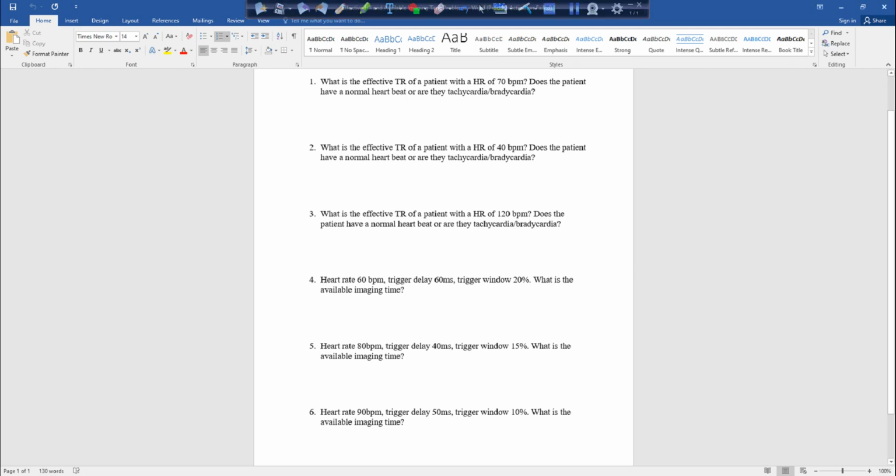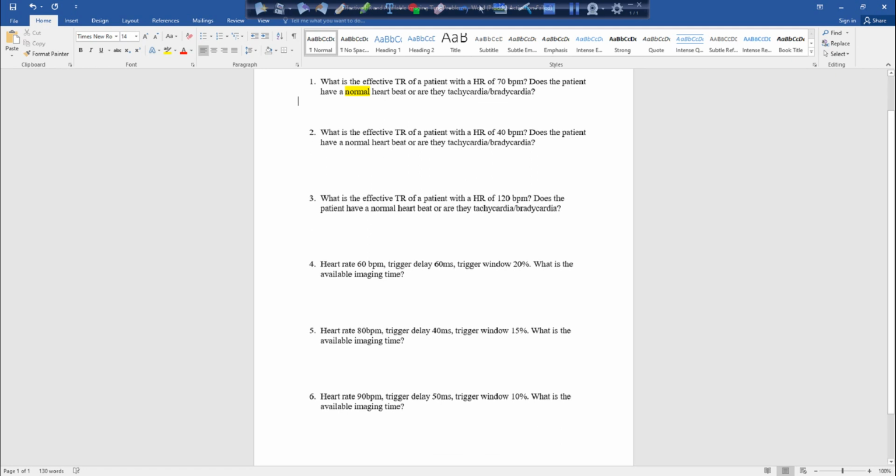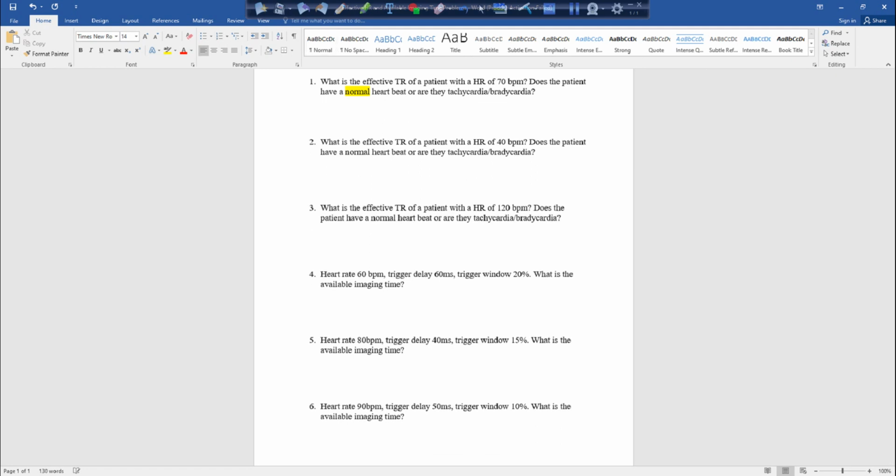All right, number 1, the effective TR, patient heart rate of 70 beats per minute. What type of heart rate do we have? Normal. And then how do we get our effective TR? 60,000 divided by 70, which equals what? 857 milliseconds.